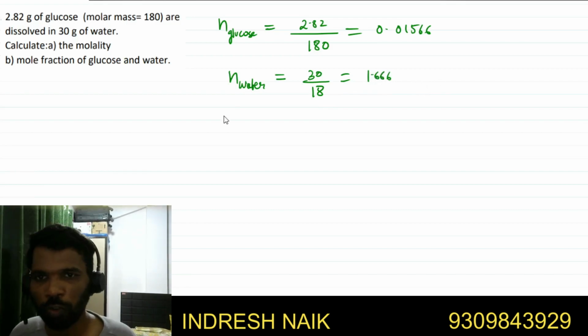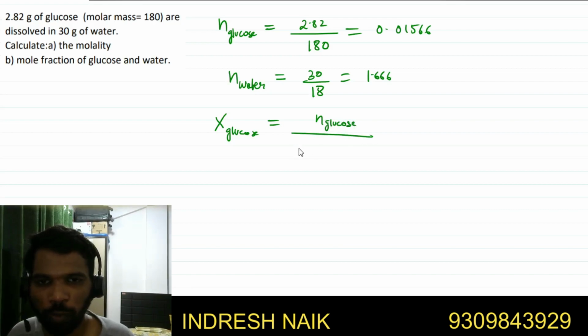So what would be the mole fraction of glucose? It is number of moles of glucose upon total number of moles of all the components. Here there are just two components, glucose and water.